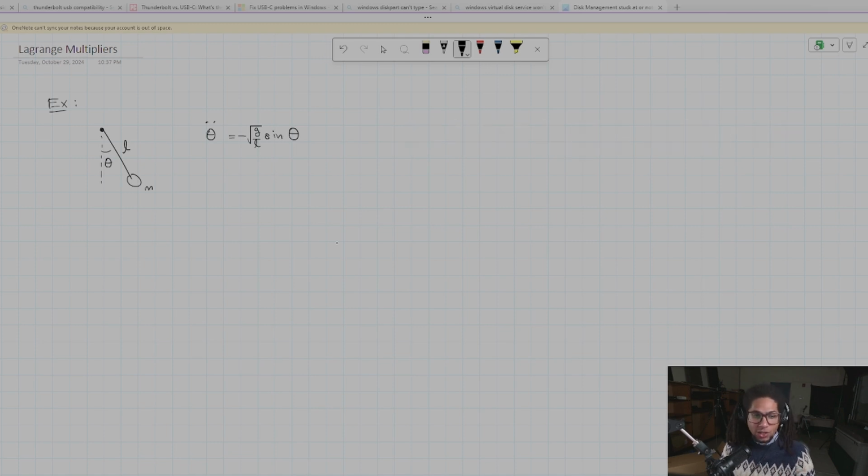And you can go back to any introductory textbook which will derive this. I'm going to just assume it, and then we'll try to see if we can get to it using Lagrange multipliers.